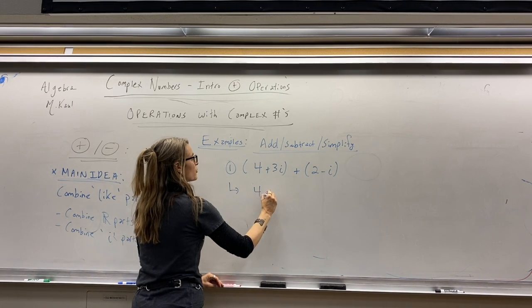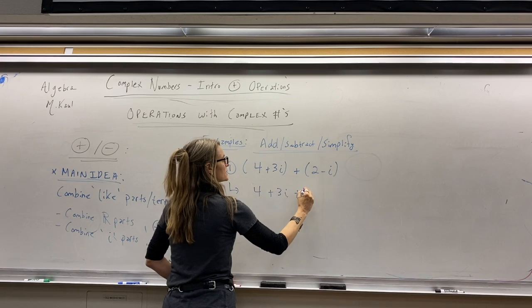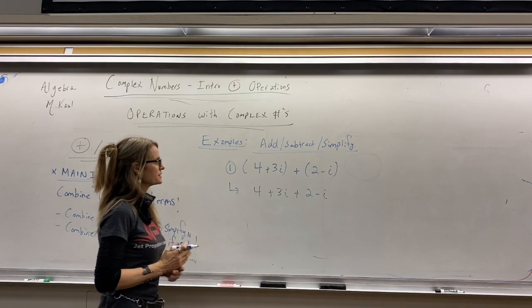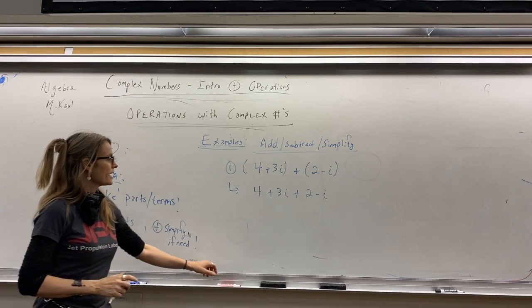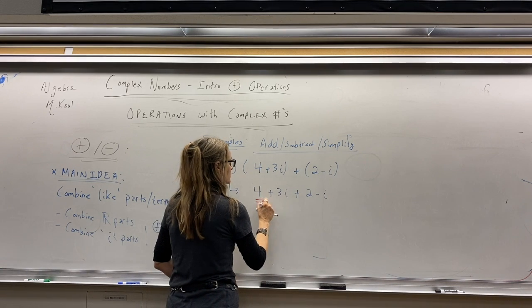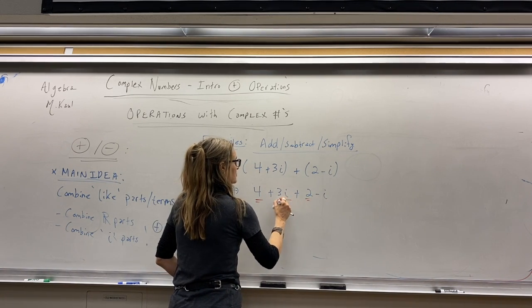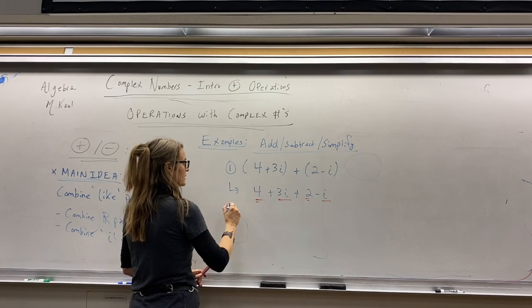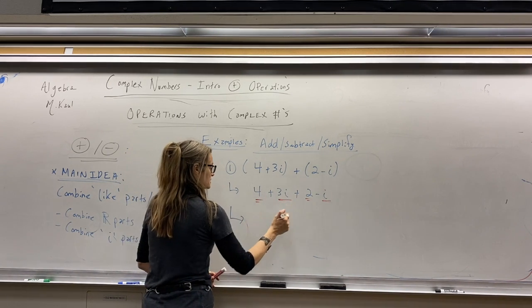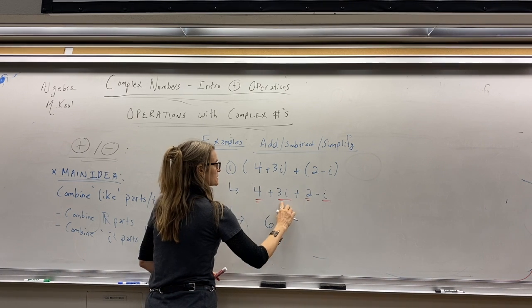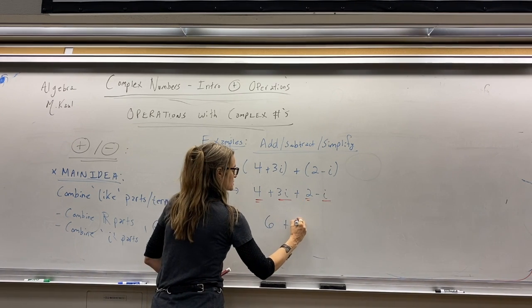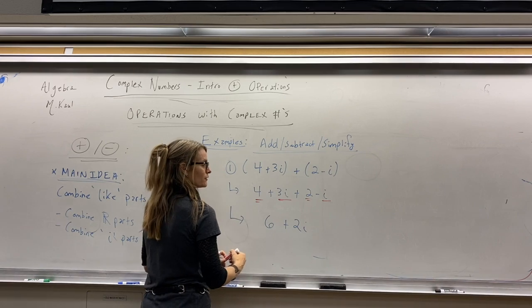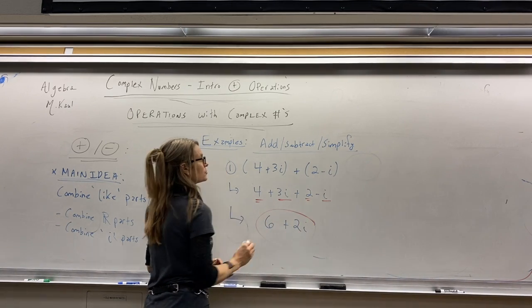So I'm going to say 4 plus 3i plus 2 minus i. Remove all my parentheses, no changes in sign. And I'm going to add my real number parts together and my imaginary parts together. So in complex form, I'm going to end up with 4 plus 2 is 6, plus 3i minus i, which is plus 2i. And that is my final answer in complex number form.